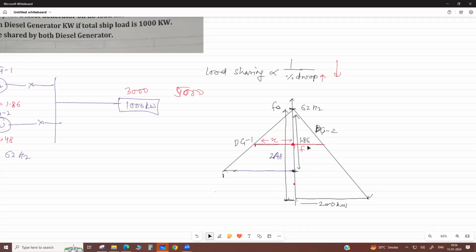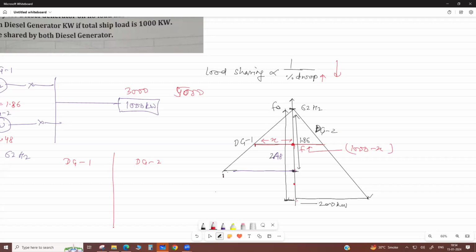This is the height. What is the load on here? This is 1000 minus X kilowatt. So now DG1, DG2.